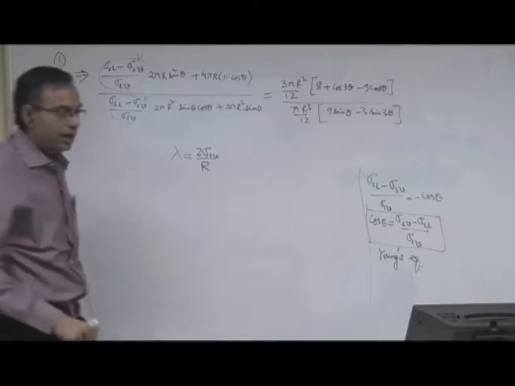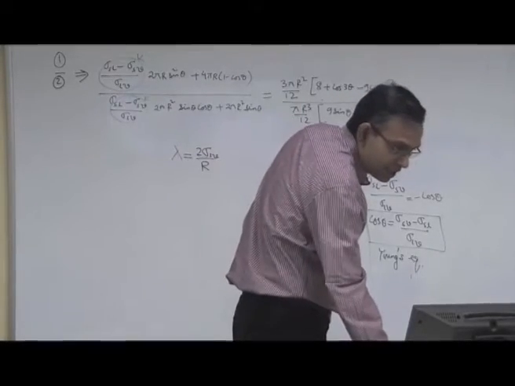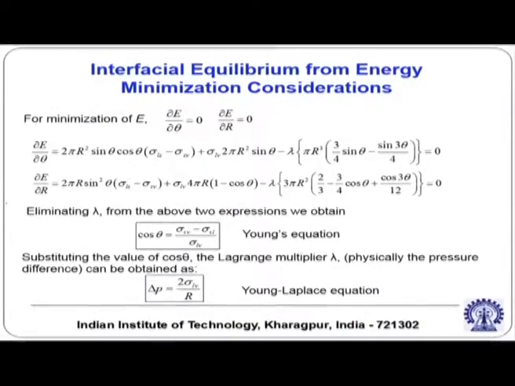Now, let us summarize what we have discussed so far: for minimization of E, setting del E del theta equal to 0 and del E del R equal to 0 and eliminating lambda from the above two expressions. Very commonly in books it is told that by trivial calculation it follows.